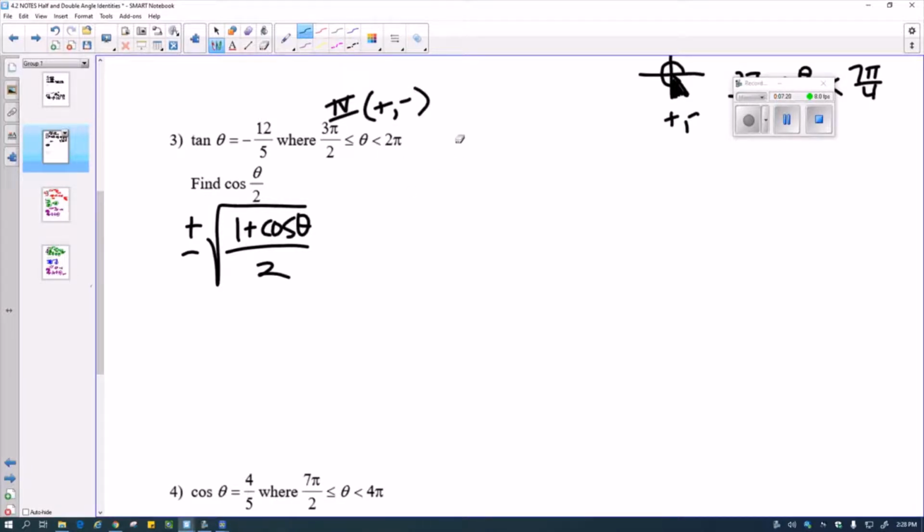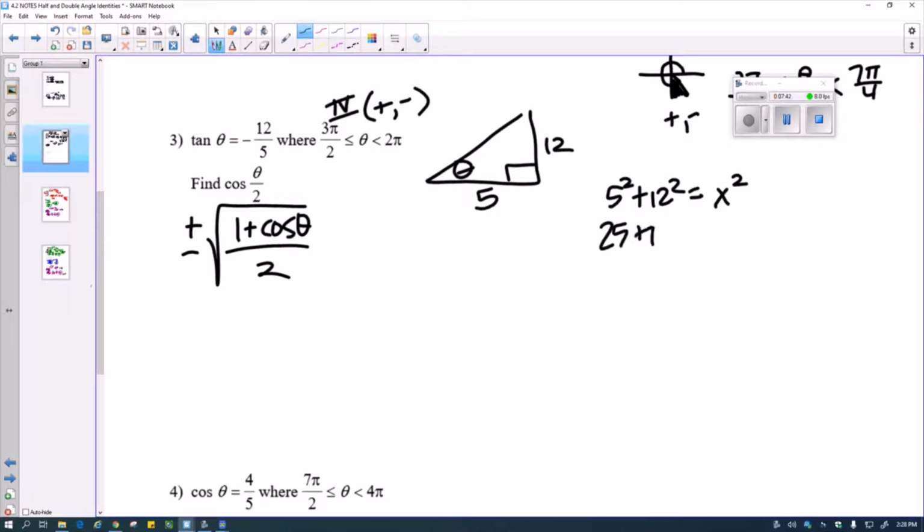So when I draw my triangle, I'll label the opposite 12 and the adjacent 5. And it's 5 squared plus 12 squared equals something squared. I have to find that missing side. 25 plus 144. So that's 169. Square root of both sides, 13 is x. So this missing side is 13.